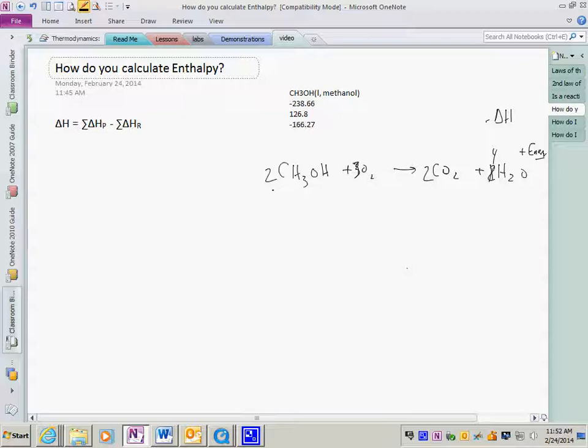Okay, so one thing you should note is I want to figure out the amount of energy that's involved here. If I could somehow measure the total energy involved in the reactants and take the total amount of energy involved in the products, just subtract those, the difference would be the amount of energy that's going to be released.